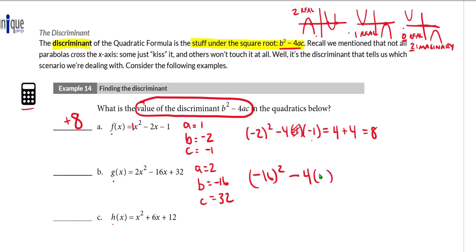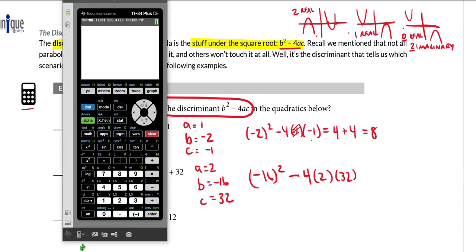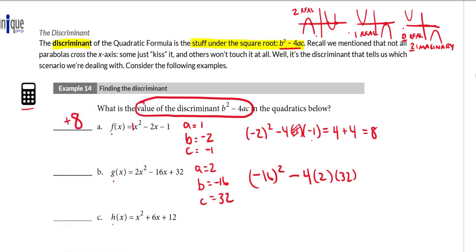So let's do -4a and c, and let's go right into the calculator: -16, and we are squaring that, and we are subtracting 4 times 2, times 32, and enter, and that works out nicely to 0. So we got a 0 discriminant for quadratic g.